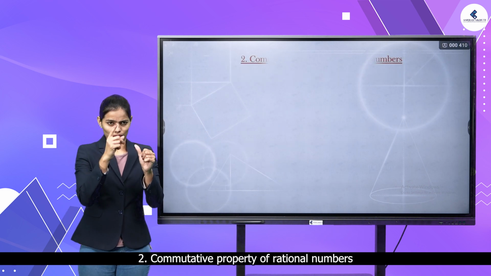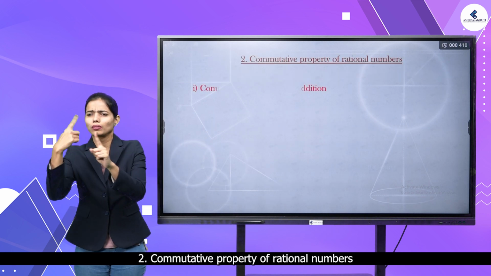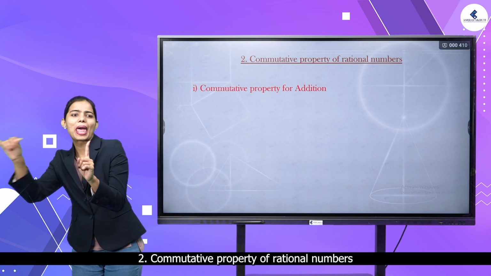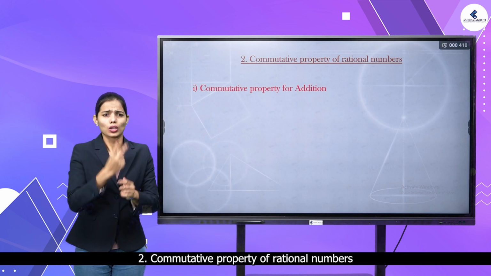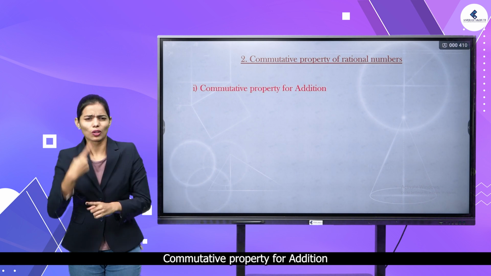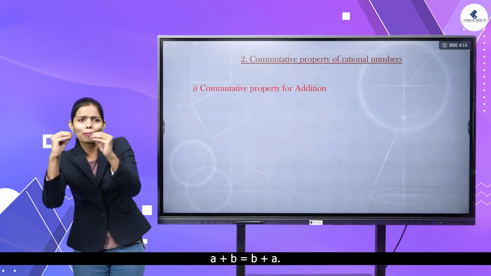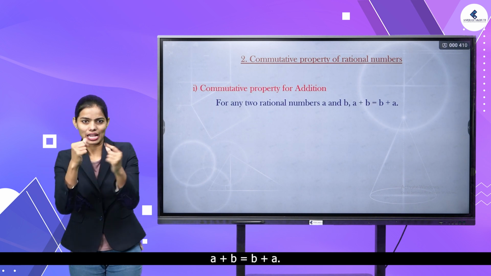Number 2. Commutative property of rational numbers. Commutative property for addition: for any two rational numbers a and b, a plus b is equal to b plus a.